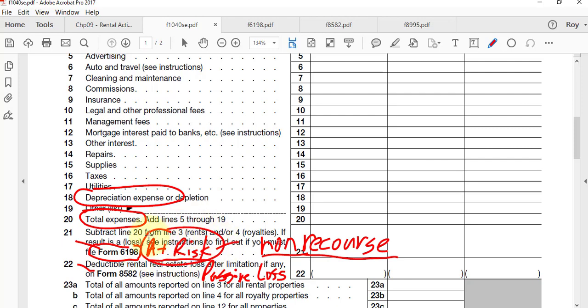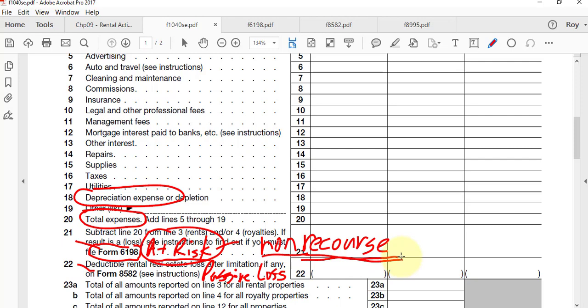So for most of us, when we borrow money, the lender is not going to say, oh, you don't have to pay it back if you cannot pay everything off after we foreclose. Yeah, they're going to force us to sign off your life and your children. They're going to make you sign off on a recourse loan. So everything's at risk.